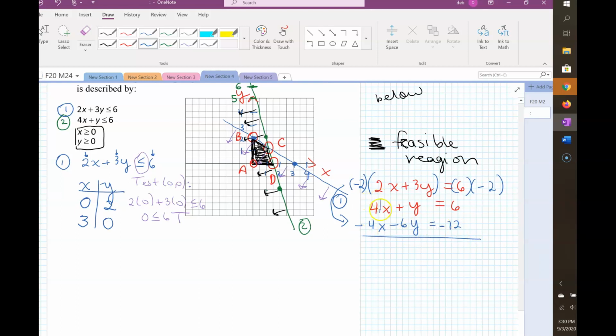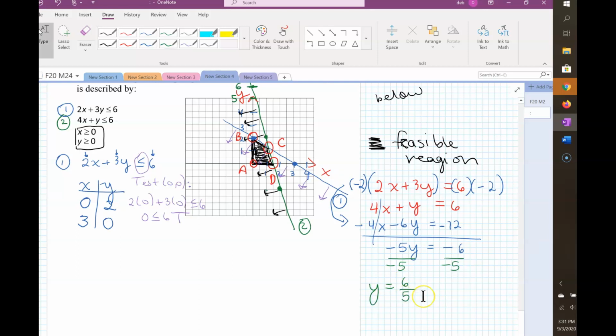So the x's are going to eliminate. That's why I picked the multiplier I picked. Y minus 6y is -5y. Then 6 minus 12 is -6. So I'm going to divide both sides by -5 and get y equals 6/5.